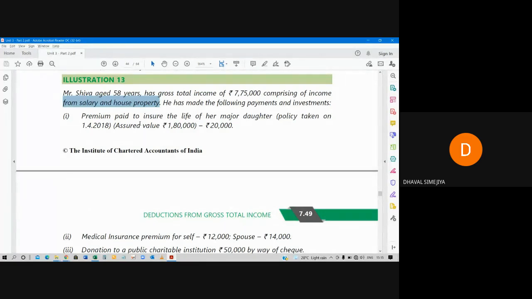First payment: premium paid to insure the life of his major daughter.